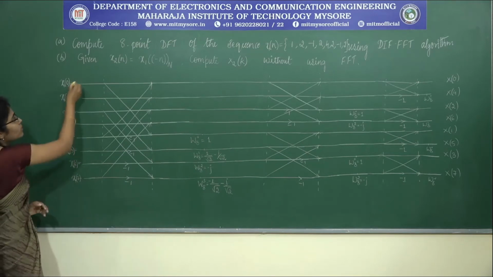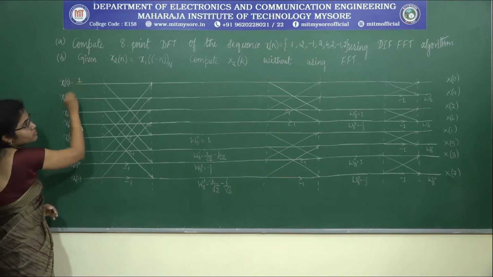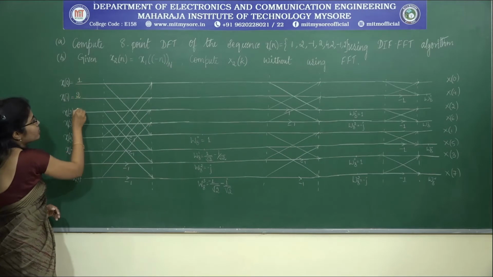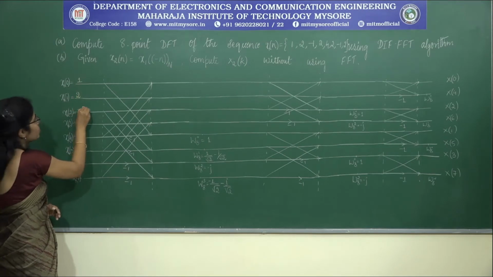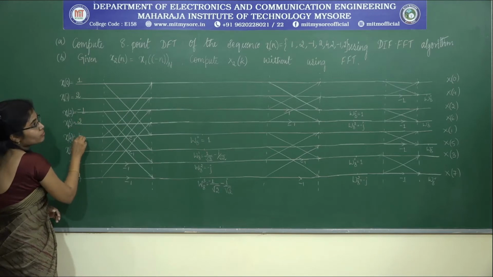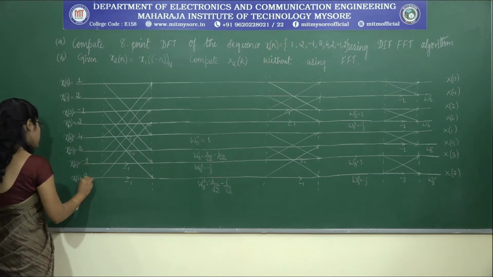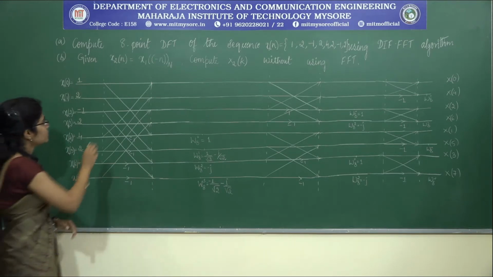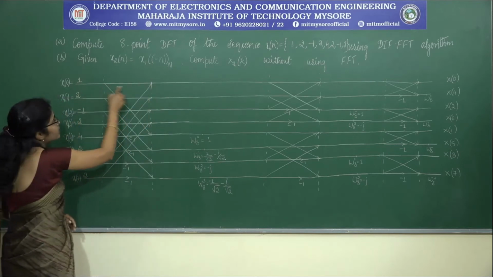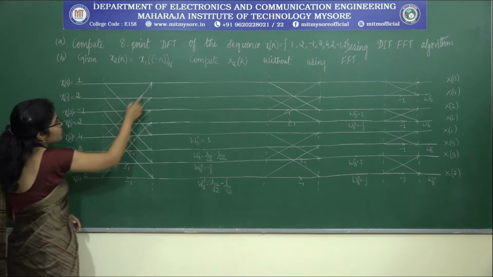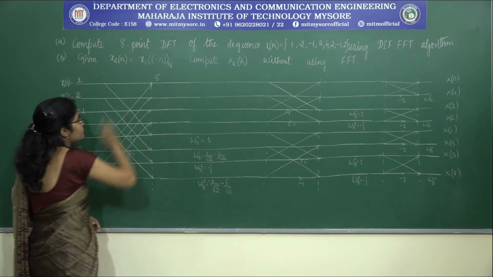So tabulating all the data, x1 of 0 is 1, x1 of 1 is 2, x1 of 2 is minus 1, x1 of 3 is 2, x1 of 4 is 4, x1 of 5 is 2, x1 of 6 is minus 1, x1 of 7 is 2. Okay. Now at this particular point the data coming is 1 and from this branch it is 4, 1 plus 4 is 5.